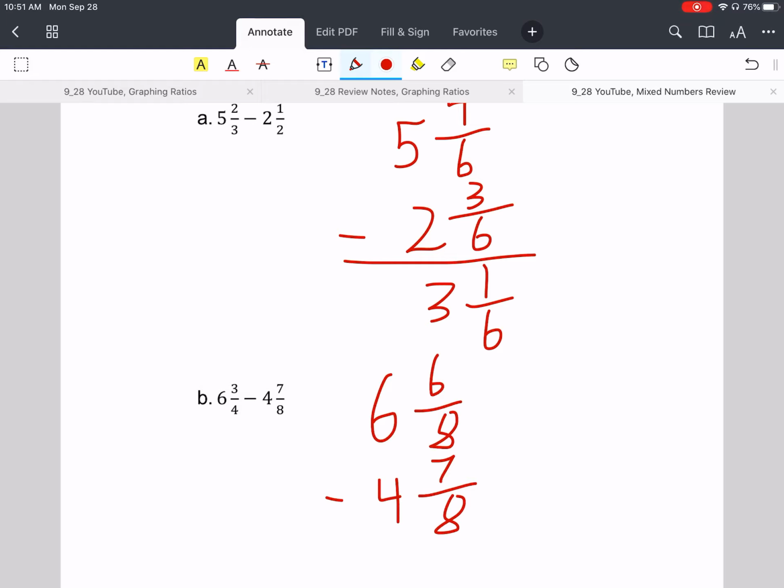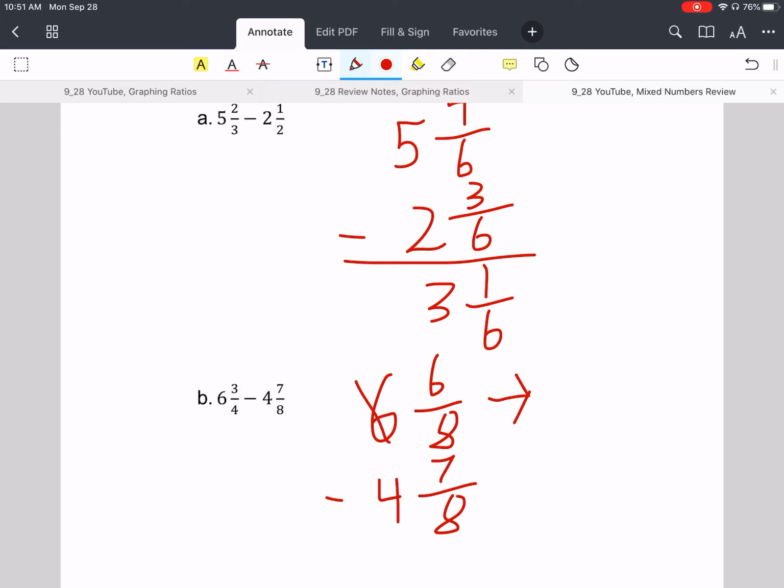So what we need to think about is our picture from our very first problem, where something over 8 is a pie that has 8 pieces. So these 6 whole pies are pies with 8 pieces, and we're going to need to borrow one of those. So we're going to change that.